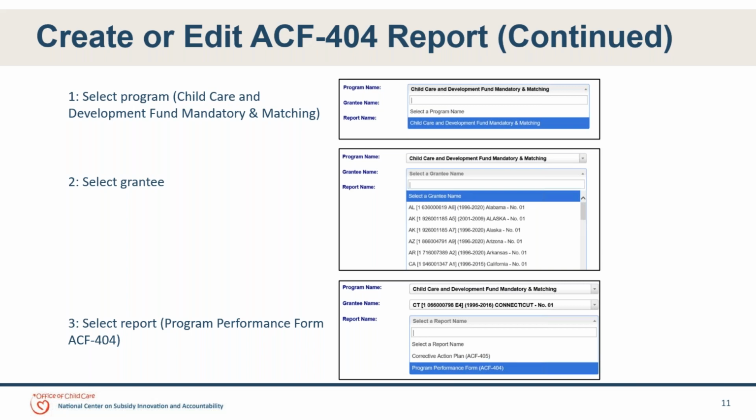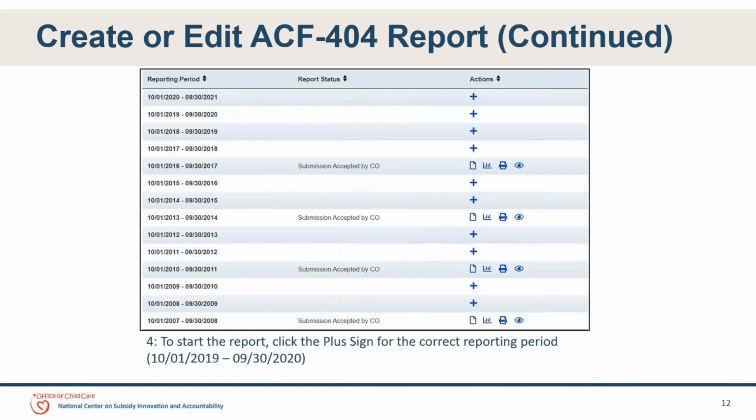So now let's begin creating the 404 report. Once you've selected the ACF404 report, a box will pop up on your screen. This shows a list of review periods. These represent the case review periods for your cohort. The review period ran from 2019 to 2020.